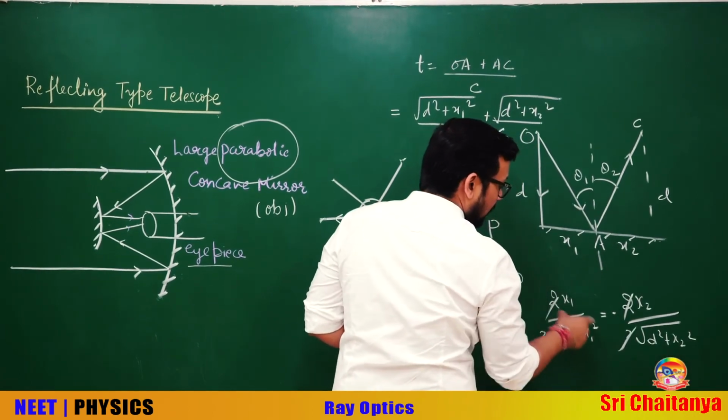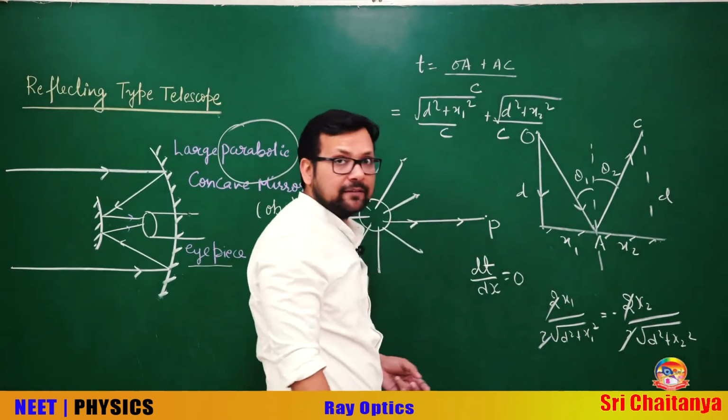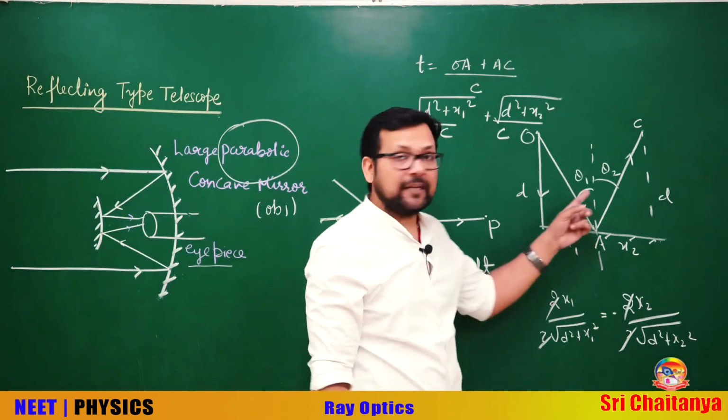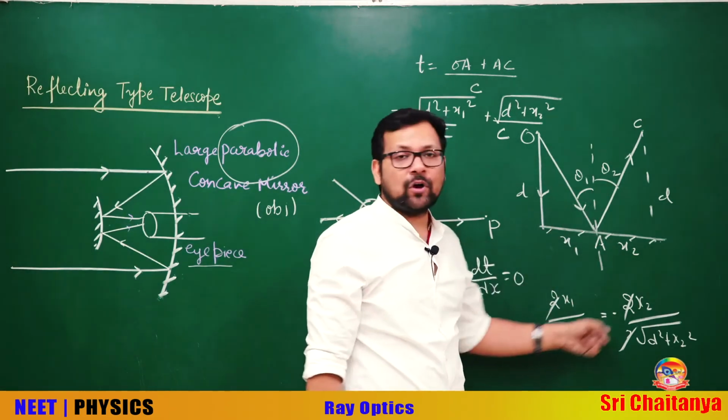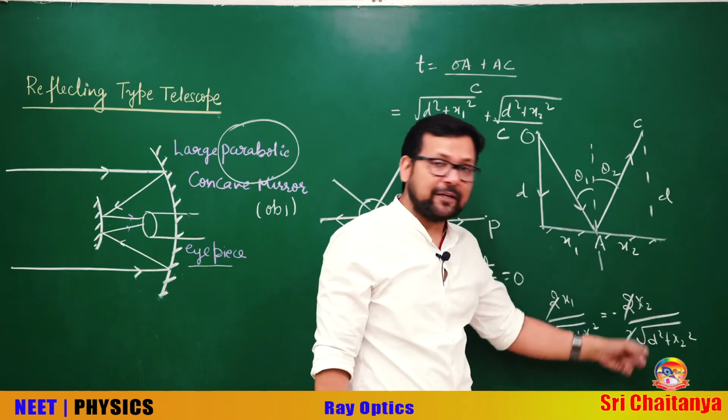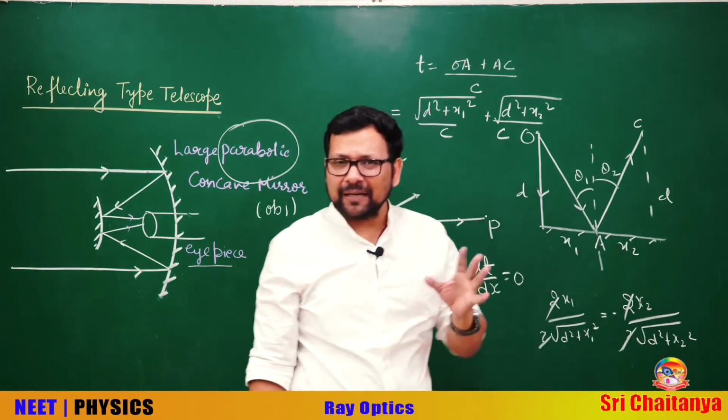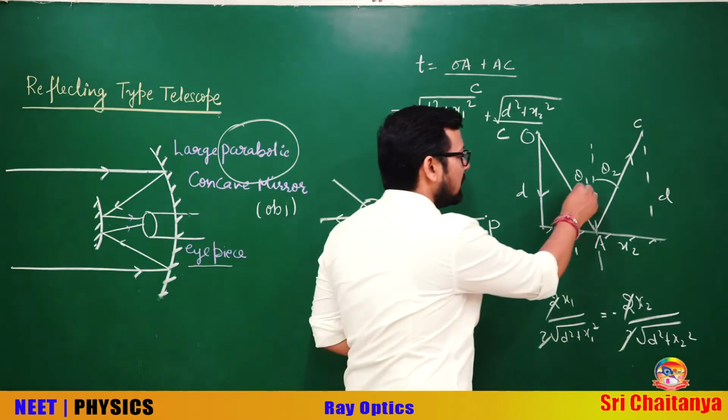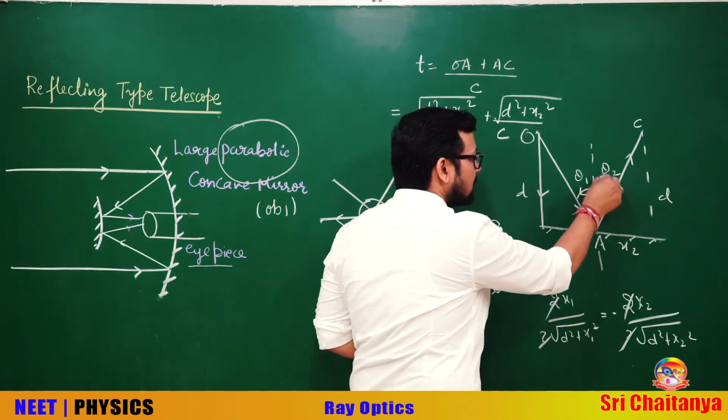Now, what I have written here is, for theta 1, sin theta 1, and for theta 2, sin theta 2, perpendicular upon hypotenuse, with a minus sign because one is in the anticlockwise sense and one is in the clockwise sense.